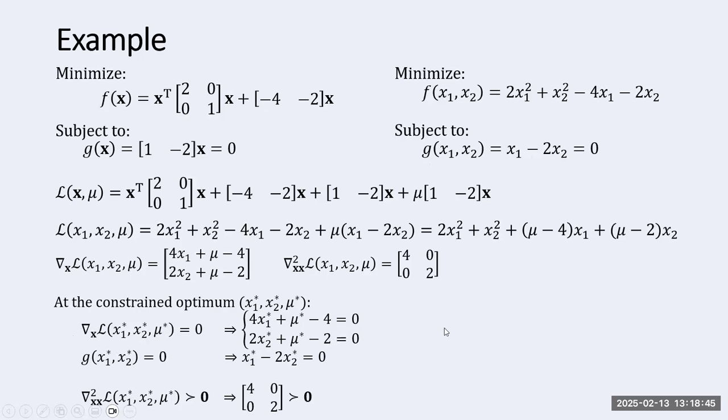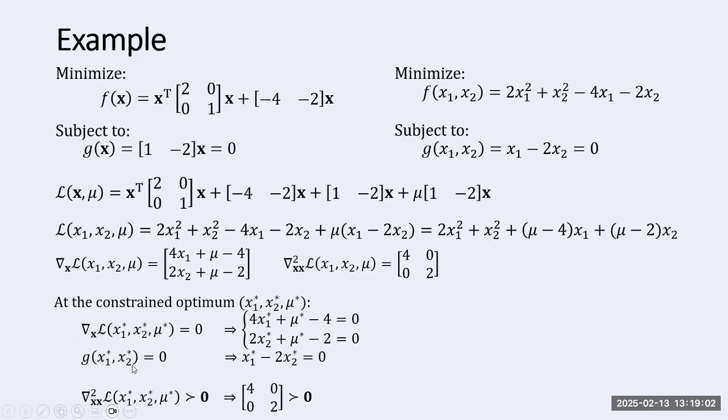There are other first order KKT conditions, which you will look at when we have inequality constraints. So altogether, there will be a set of four first order conditions that must be satisfied, KKT conditions.